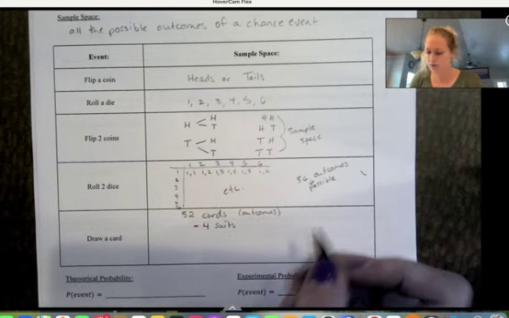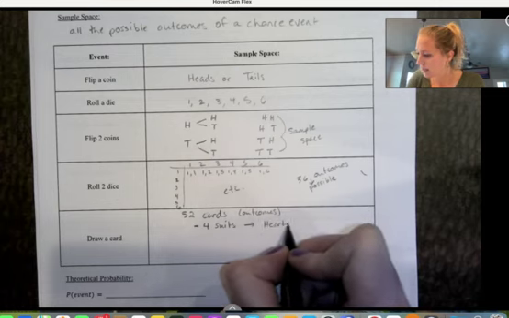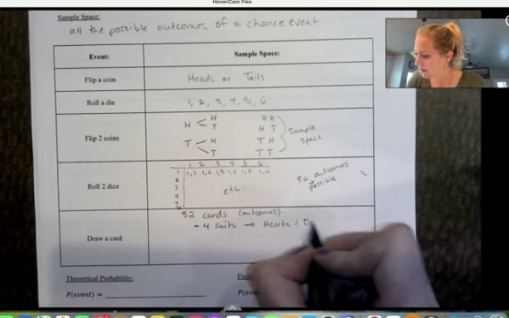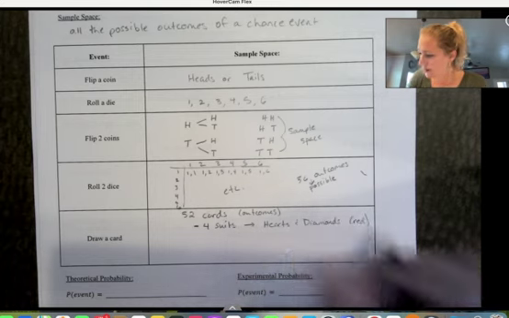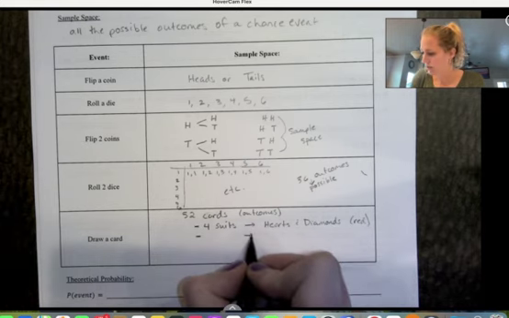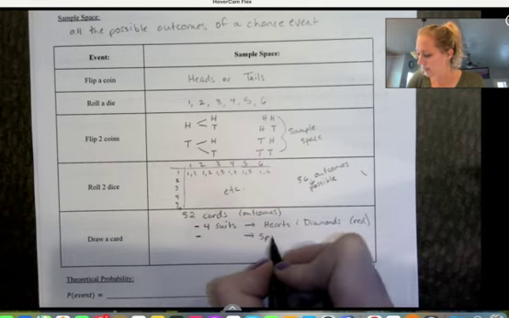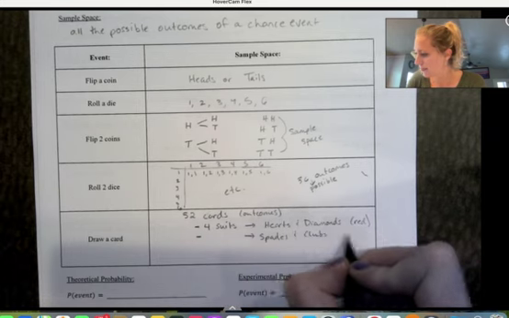And the 4 different suits are, we have hearts and diamonds, which are both red. Then we have spades and clubs, which are both black.